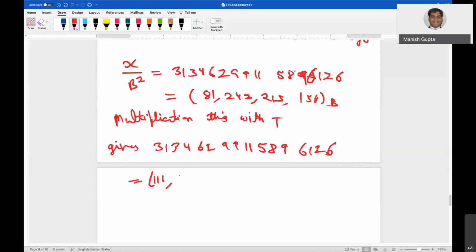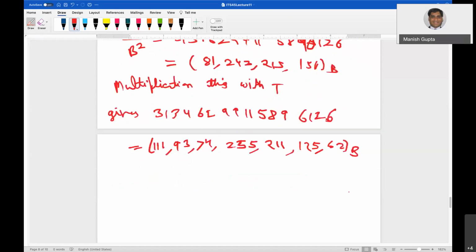which in base B is 111, 93, 74, 255, 211, 125, 62 in base B. So finally we divide this by b raised to power 4.